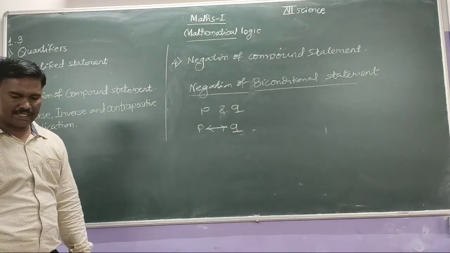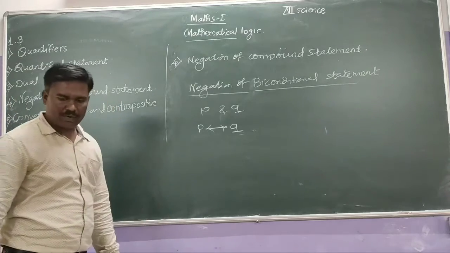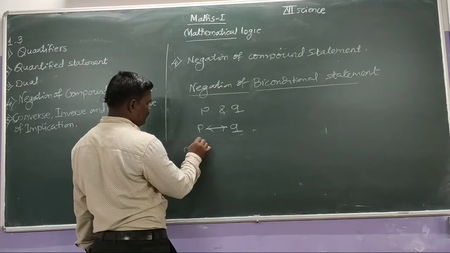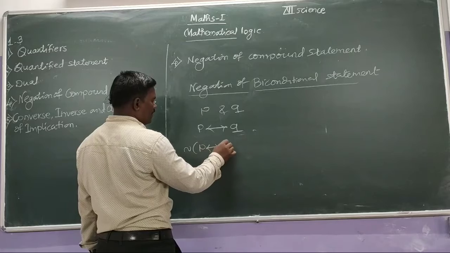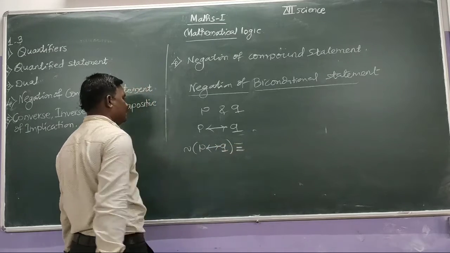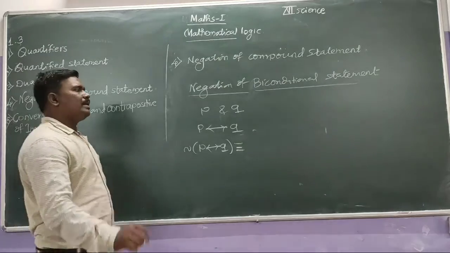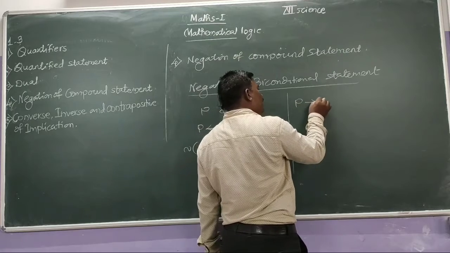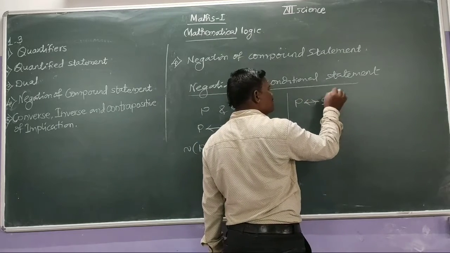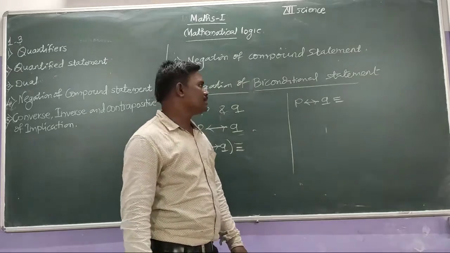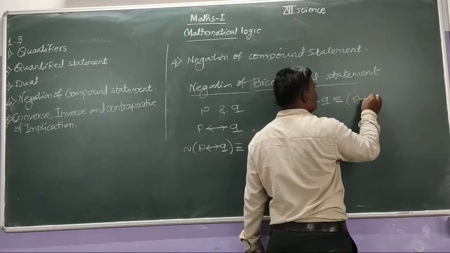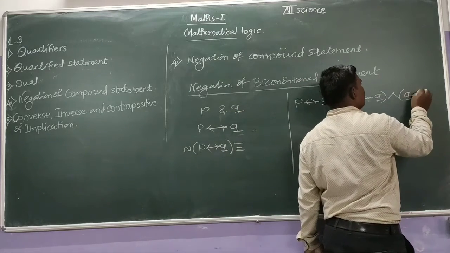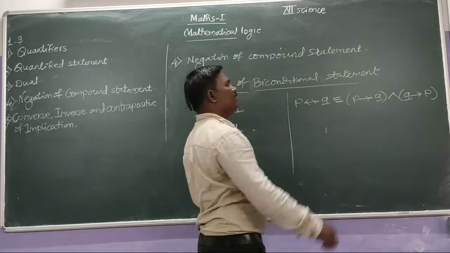Then take its negation, that is the negation of P implies Q and Q implies P equivalence. But here the one definition we know that here the definition is P if and only if Q equivalence to, काय म्हणतो आपण याला, P implies Q and Q implies P, that is the double implication.